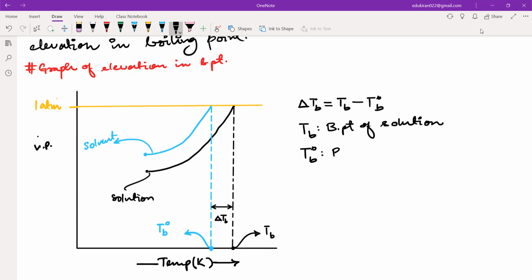T naught B is the boiling point of solvent. Delta TB is the elevation in boiling point. Write this down. Let me know when you're done.